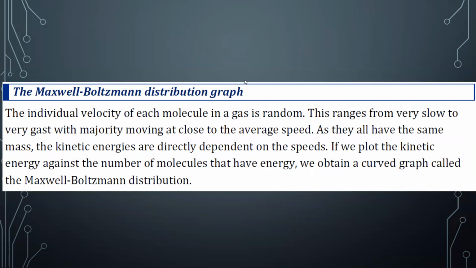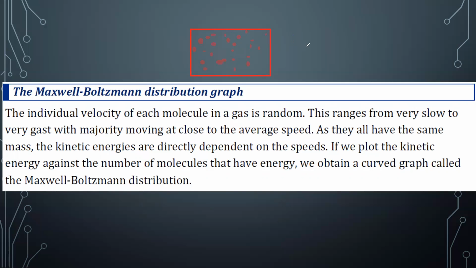So the Maxwell-Boltzmann distribution graph shows how the energy is distributed among the particles. Everything is made up of particles, and these particles have energy, but not all the particles, even within the same material, have the same energy.